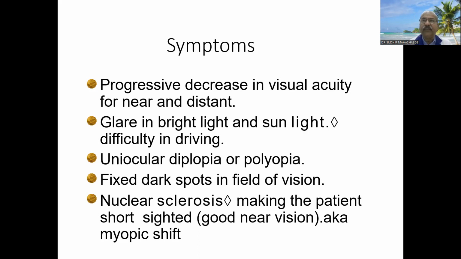If they are seeing within a small distance, they may not really realize that they have less vision. It is only when we check them and show them the chart, and they are not able to see the lines, that we tell them, now look, you are not able to see clearly.